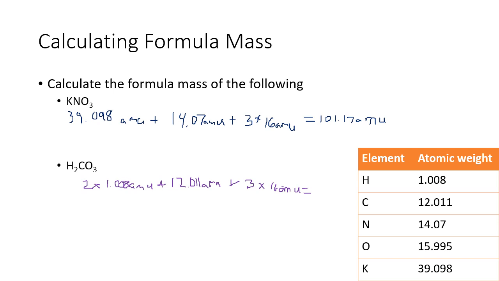So 2 times 1.008 plus 12.011 plus 3 times 16 gives you 62.03. And again, this is in atomic mass units. All right, so this is not super difficult to do. Basically, as long as you have a periodic table, you can find a formula mass, which is snazzy.